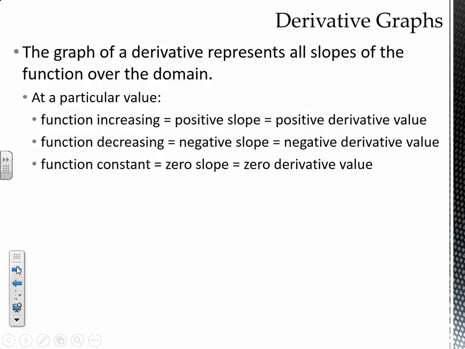Anytime your function is increasing, you can draw a positive slope for your tangent line. Where your function is decreasing, you can draw negative slopes for your tangent lines. And when our function is constant, or when we switch directions, our slope is going to be 0 because we'll have horizontal tangent lines.